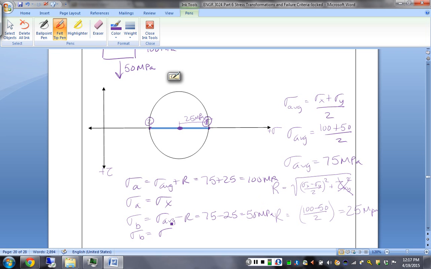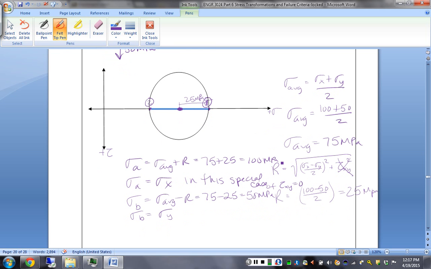Sigma B equals sigma y in this special case of tau xy equals 0. Said another way, sigma x and sigma y are the principal stresses because the definition of the principal stress is where the shear stress is 0. Because tau xy equals 0.